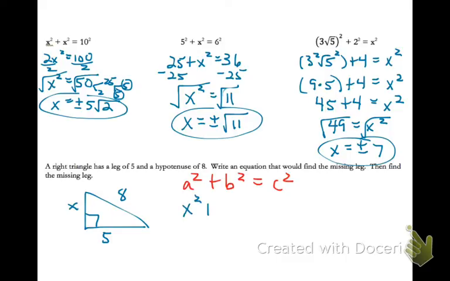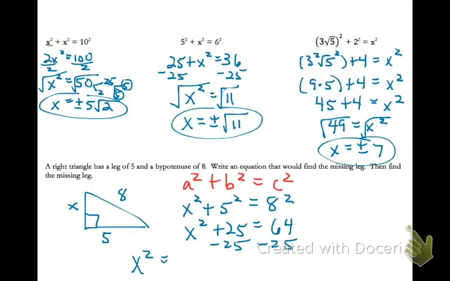X squared plus 5 squared equals 8 squared. Now it's just like the problems that we've been doing. So we'll square the 5, we'll square the 8, subtract 25 from both sides. So x squared equals 39.